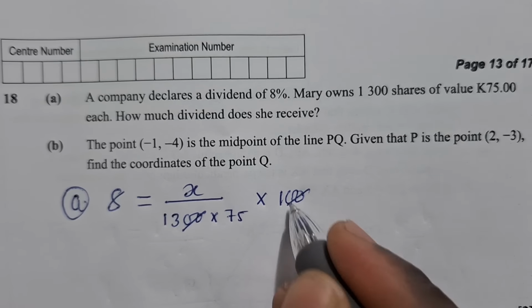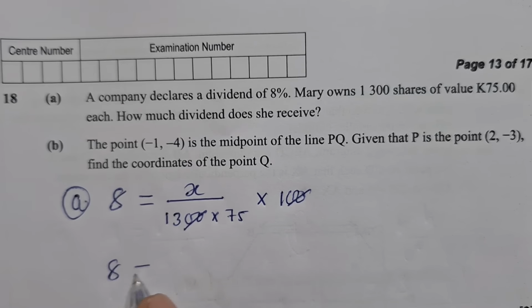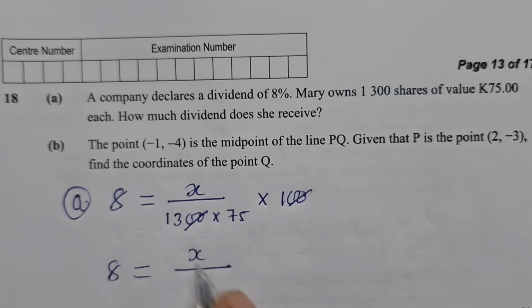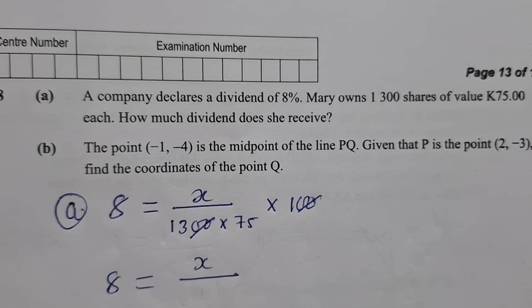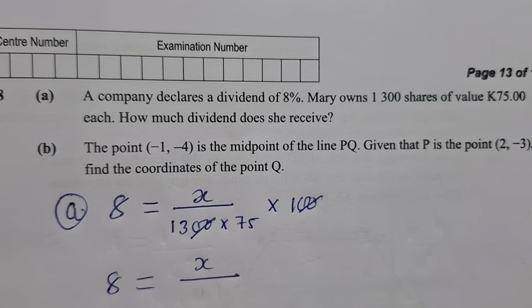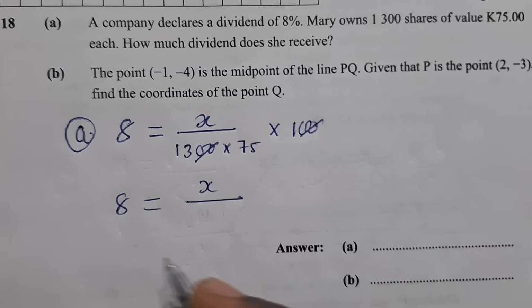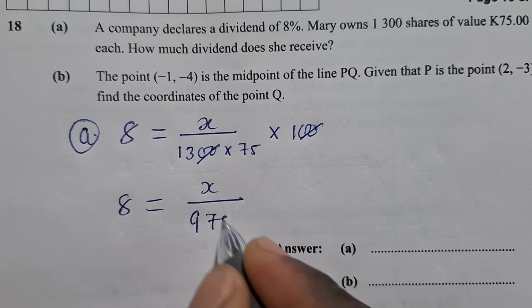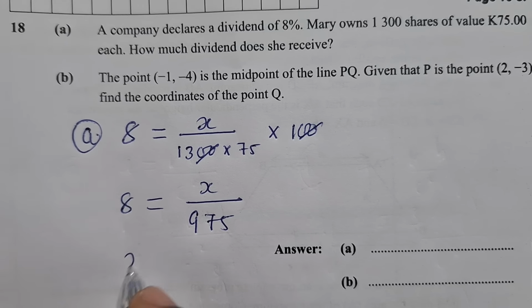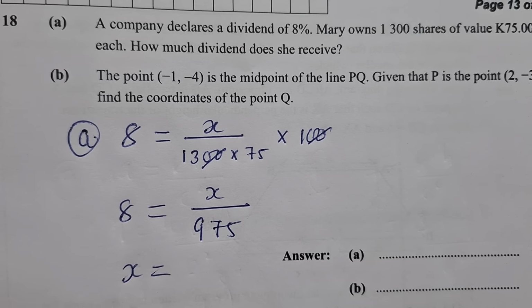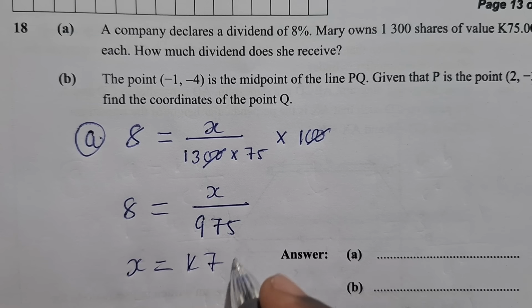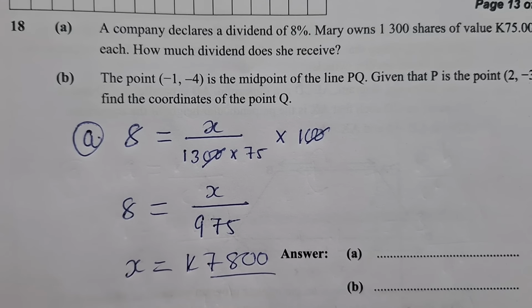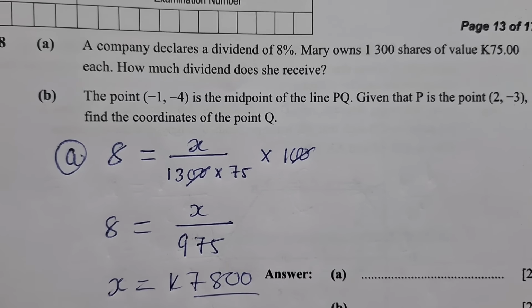So this and this will go. 8 is equal to x over, when you multiply 13 times 75, we're getting 975. We cross multiply, x will be equal to 7,800. So this is the answer for question A.